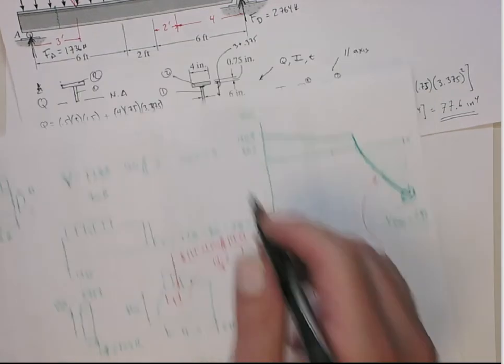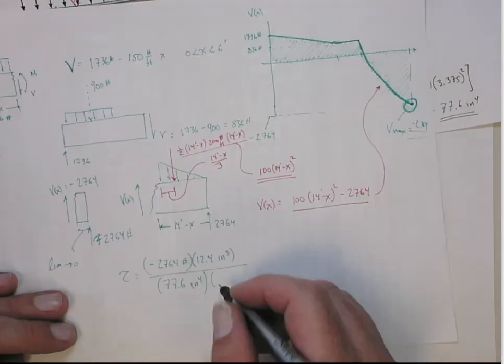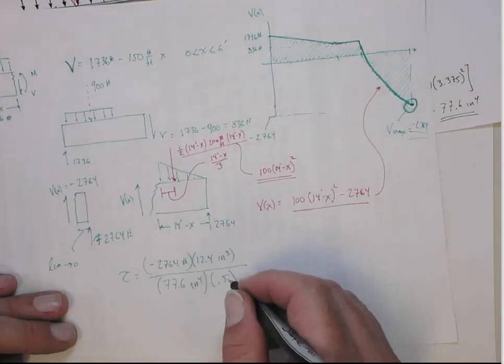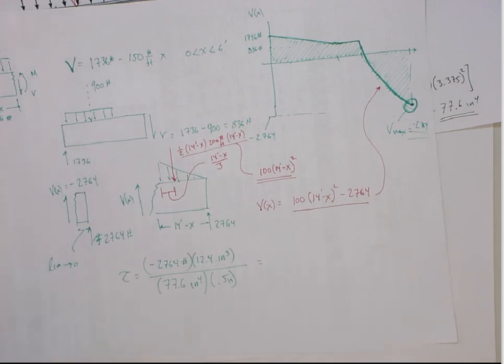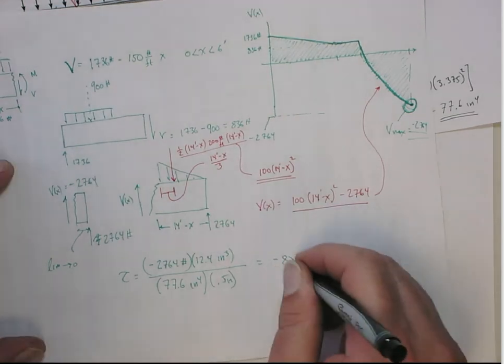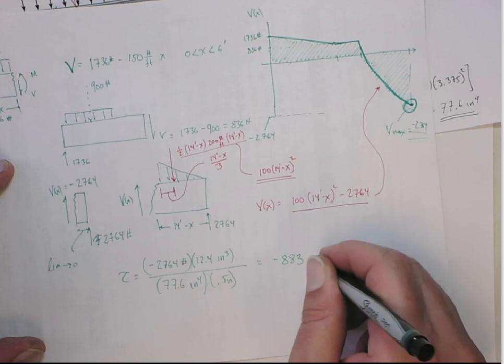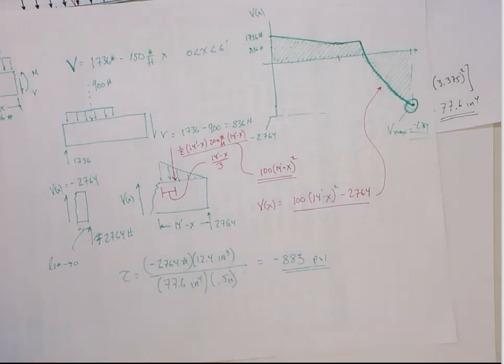And then the thickness of the web at that point is 1/2 inch. And so when I do all this, I'm going to get PSI, and this gives me minus 883 PSI. That's the shear stress, okay? It occurs right at the end, at the neutral axis. Okay?